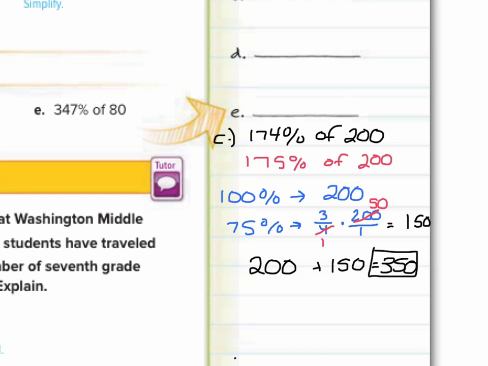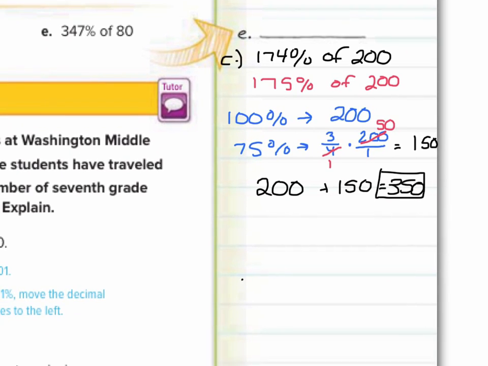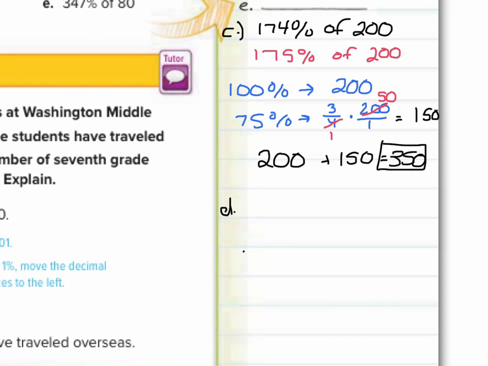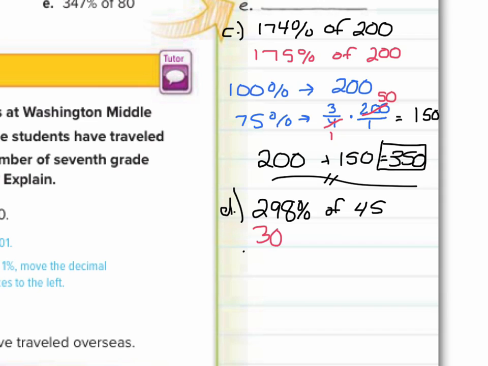What about D? In question D, we are looking for 298% of 45. Why don't we go ahead and estimate that to be 300% of 45? Well, what we can do here is say, let's look for 100%. Well, 100% of 45 is equal to 45.